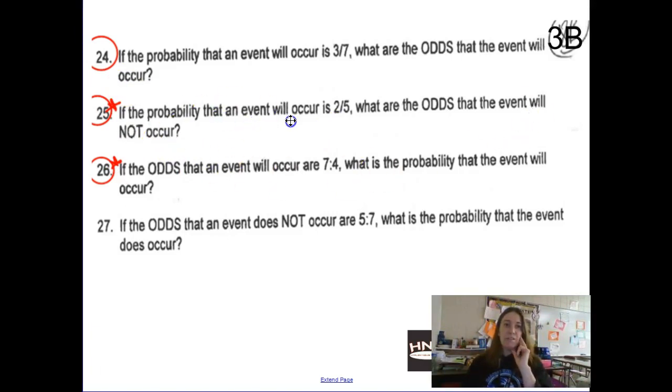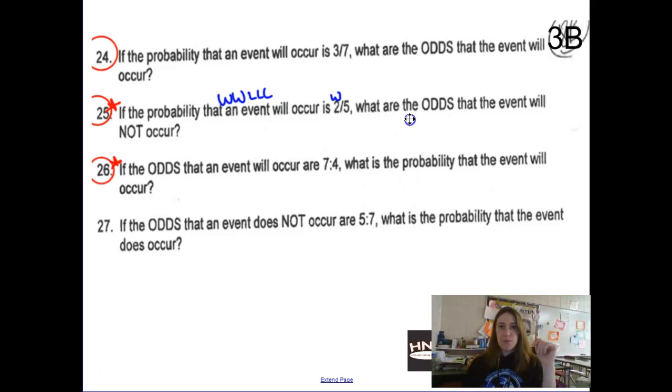The probability that an event will occur is 2 out of 5 times. When they give me a probability ratio like this, that means 2 winners, and out of 5 total outcomes, that means I have 3 losers. So 2 out of the 5 times is a winner.